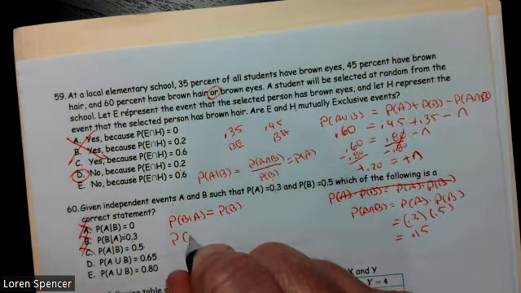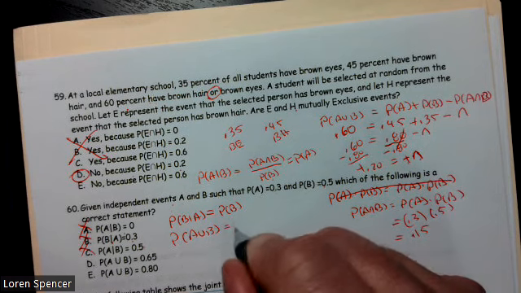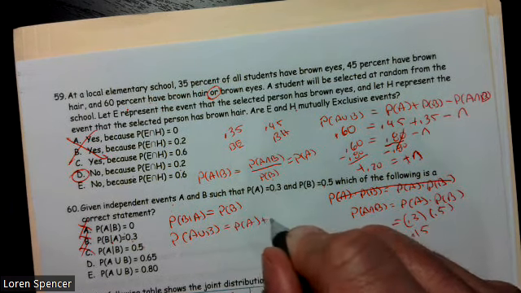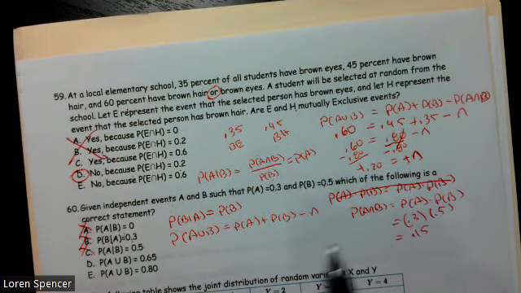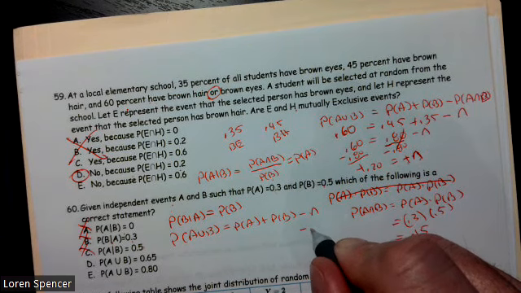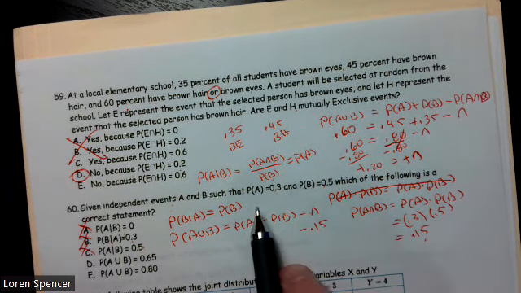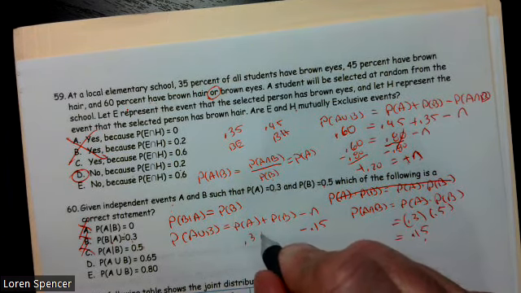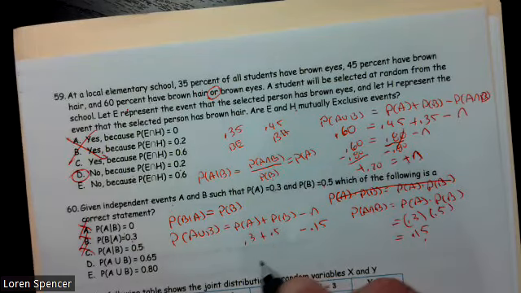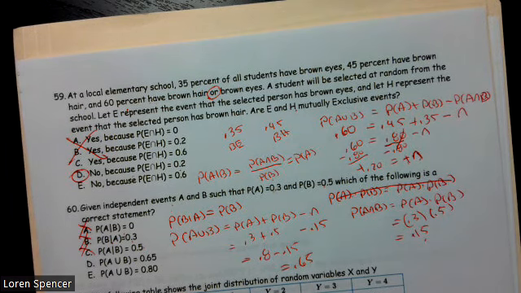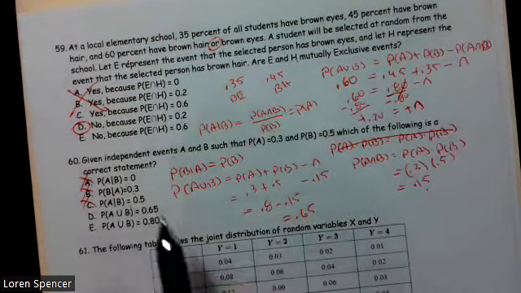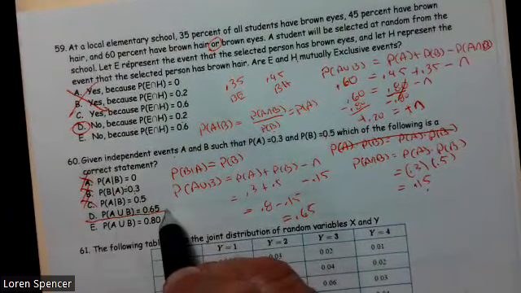So the probability of A union B equals the probability of A plus the probability of B minus the intersection. Well, we just found the intersection was 0.15. And we know this is 0.3 and this is 0.5. So this equals 0.8 minus 0.15. So this equals 0.65. So this is our answer.